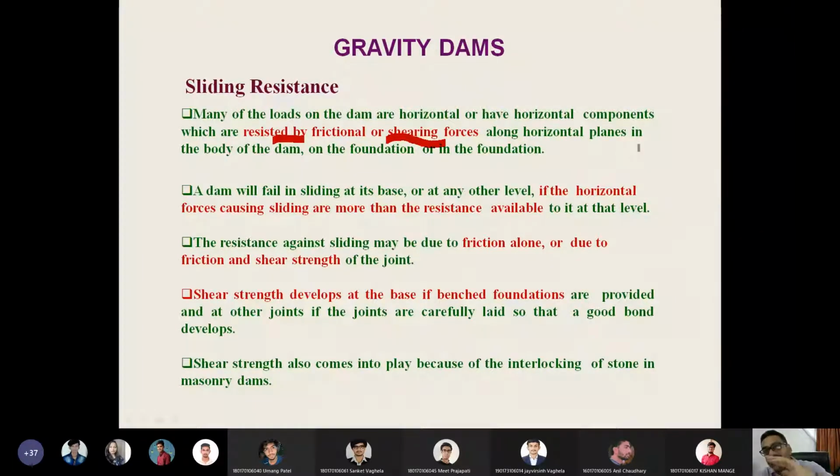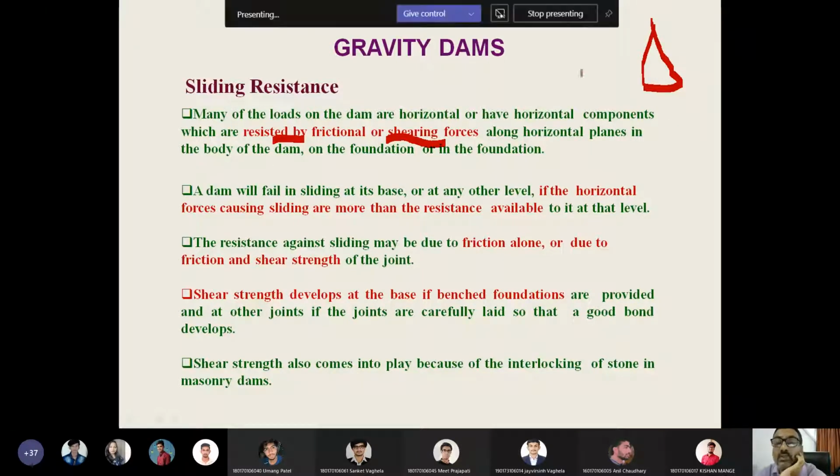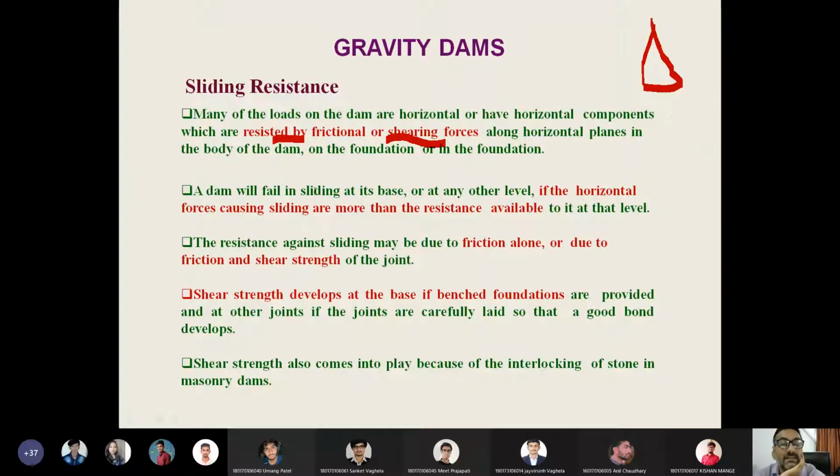At any plane of the dam, if it is a high dam, we do the analysis at 5-meter or 10-meter intervals from the top down into the foundation. These two, friction and shear, should be enough to resist the horizontal components so that there is no sliding failure.